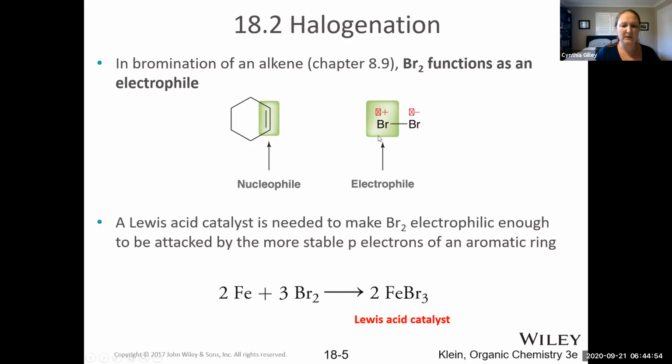In order to make Br2 even more electrophilic than it normally is, we need to treat it with a Lewis acid. So in this case, Br2 is not electrophilic enough to react with benzene.